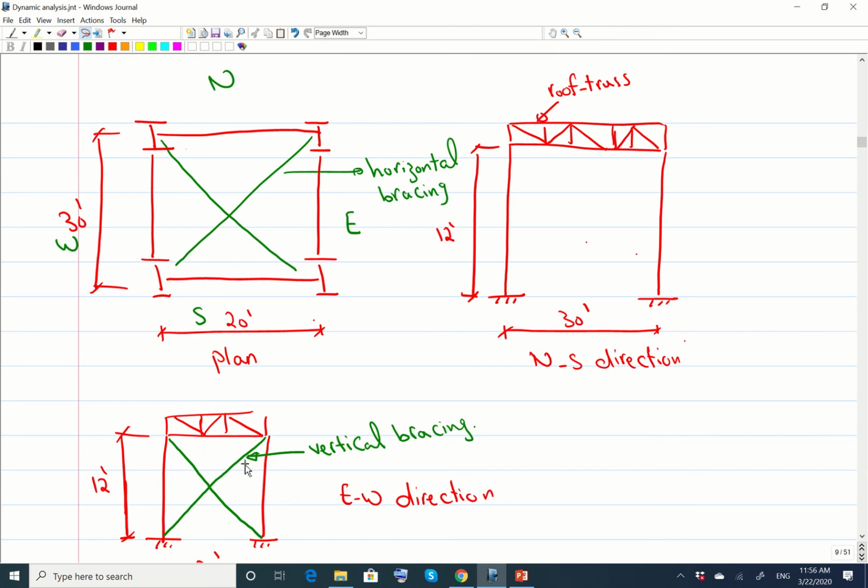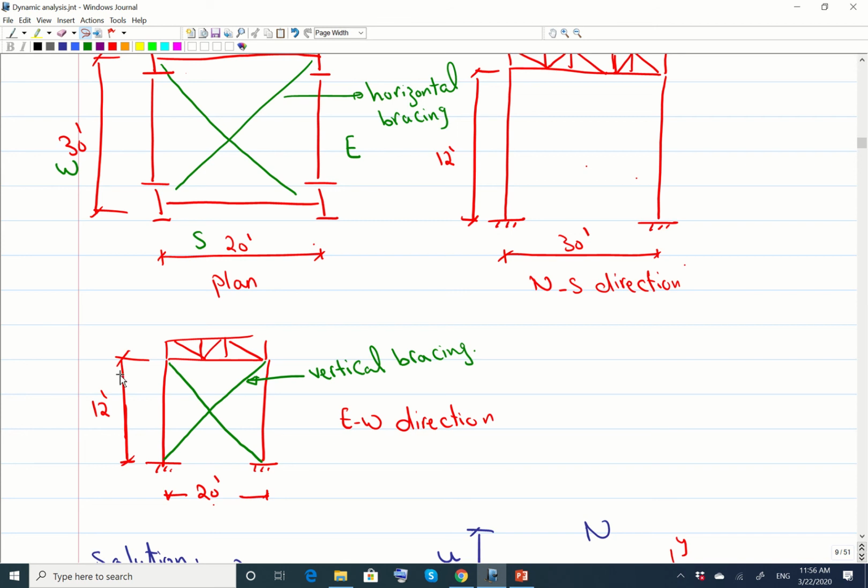In between the columns, we have those vertical bracing. This is horizontal bracing that you see on the plan view, but this is vertical bracing, so that when there is a horizontal force applied in this direction, the bracing will resist the horizontal force. The height of this floor is 12 feet, and then we have here the 30 and the 20 feet over here.